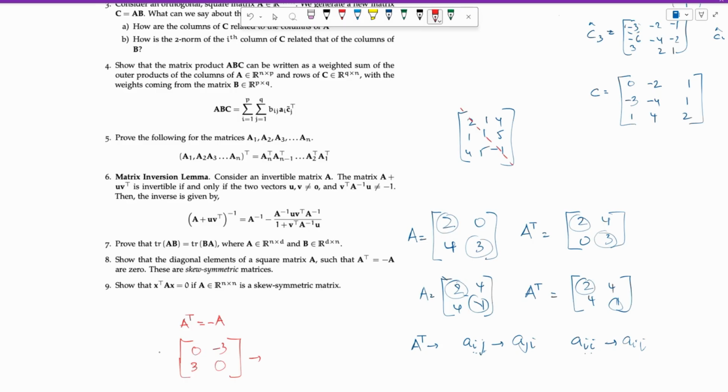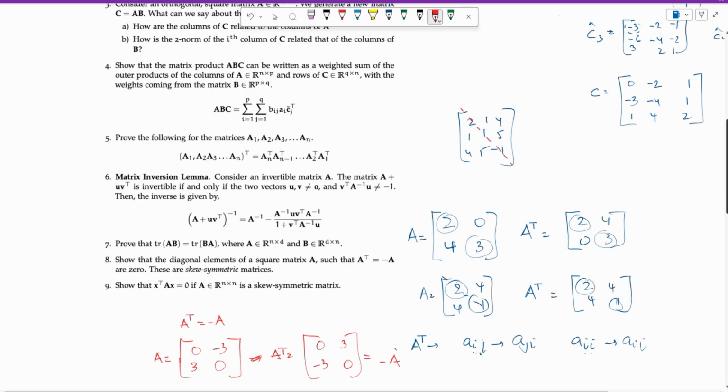This is A. A transpose will be, no, A transpose, columns become rows. First column becomes the first row. What is this equal to? Minus of A. Right? If we take the negation of all this, this will become plus 3, this will become minus 3. The diagonal elements are 0.